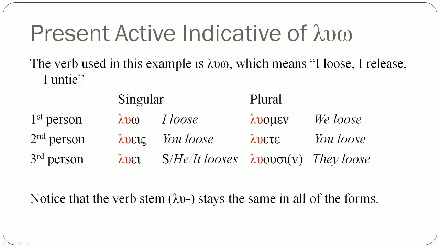With luo, the verb stem is very simple, lambda upsilon. Okay? So that verb stem will stay the same in all of the forms. That does not change in the middle of a verb chart. Okay, so that's how you know that all of these forms are coming from the same verb, luo.